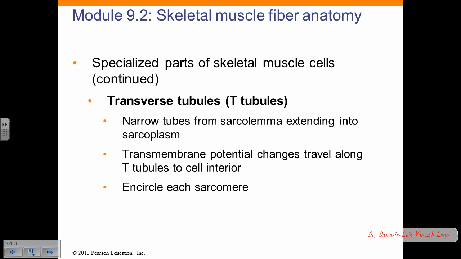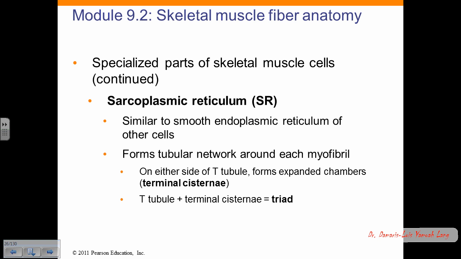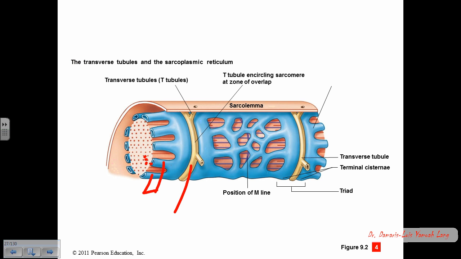Okay. So I had already mentioned to you the transverse tubules, right? They are extensions of the sarcolemma, traveling inside the interior to encircle the sarcomeres. And then the sarcoplasmic reticulum, I've already mentioned to you, is the modified smooth endoplasmic reticulum.